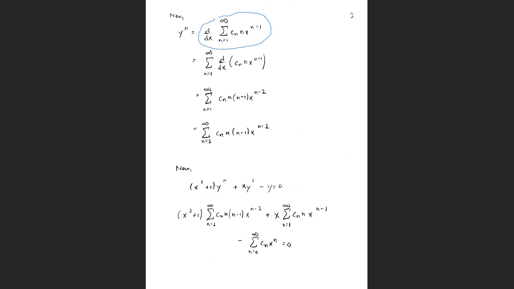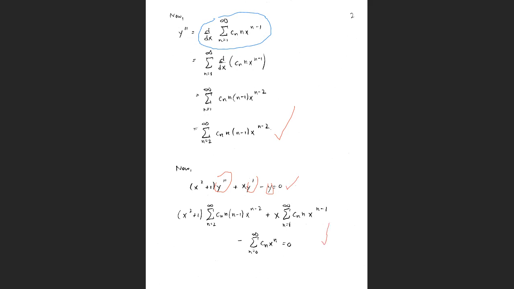And when we were reducing things, we got it in this nice form. And then we substituted these power series expressions for the second derivative, the first derivative, and y into the differential equation.